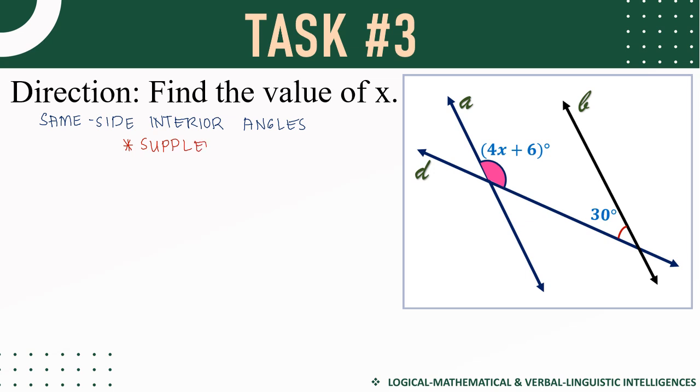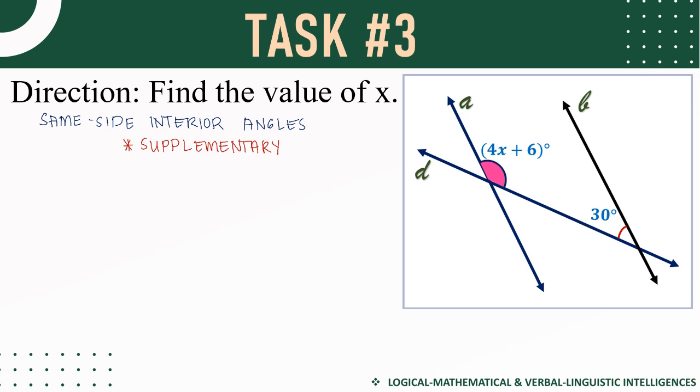Thus, from this concept, we can have our equation. Now, what do we mean by supplementary? It means that if we are going to add the angle measures of the two angles, then it should sum up to 180 degrees, right?